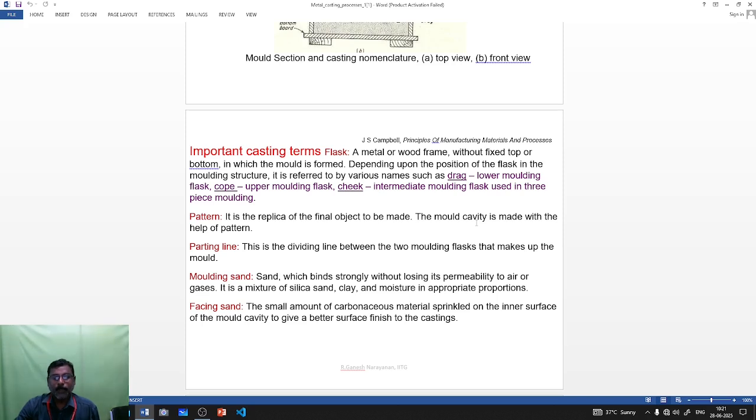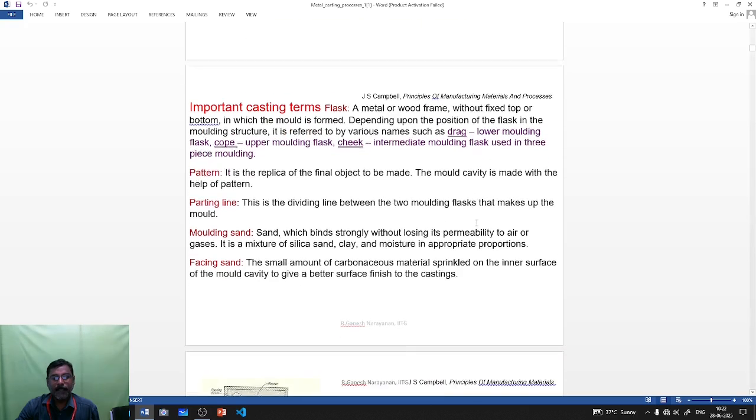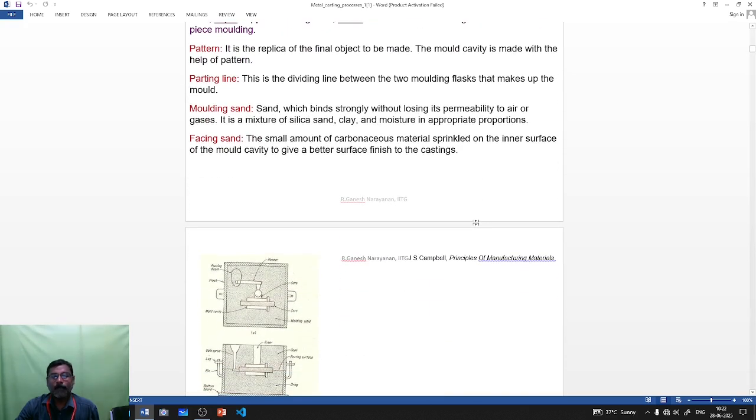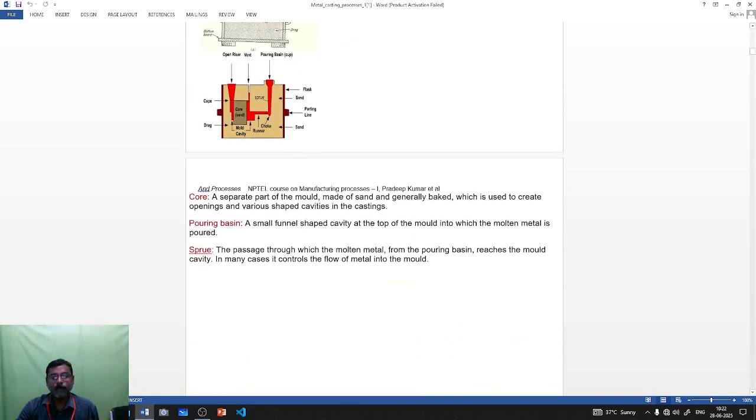It binds strongly without losing its permeability to air or gases. It is a mixture of silica sand, clay and moisture in appropriate proportions. Then facing sand: a small amount of carbonaceous material sprinkled on the inner surface of the mold cavity to give a better surface finish to the castings.